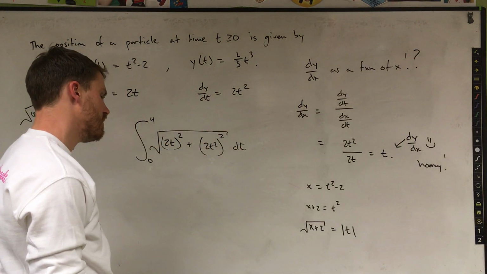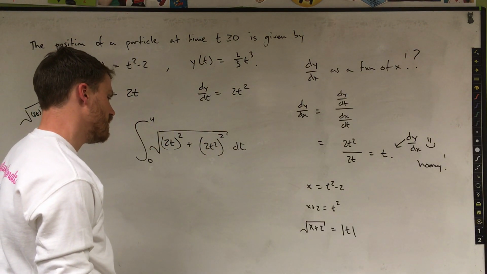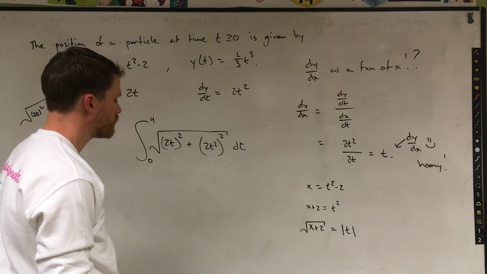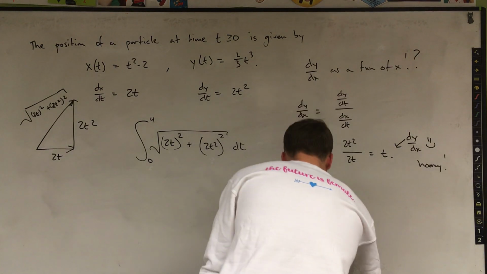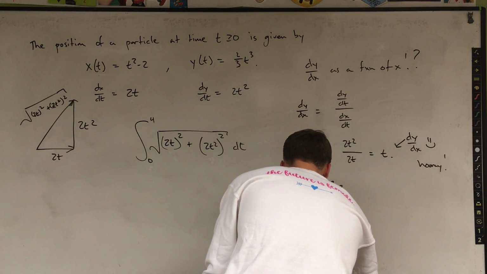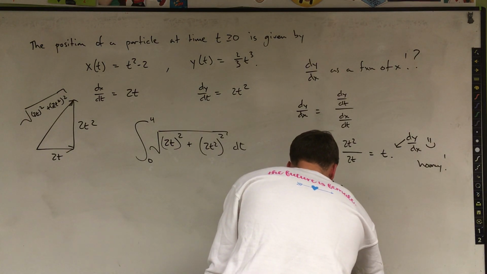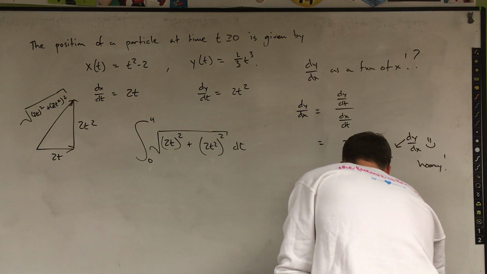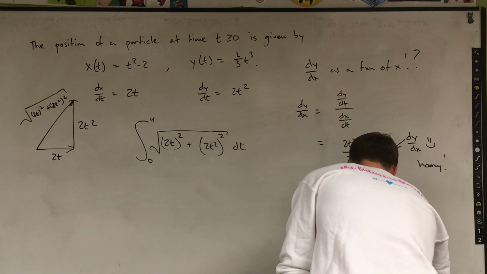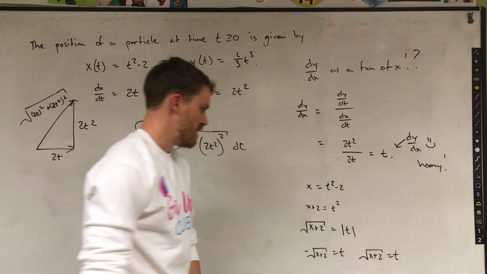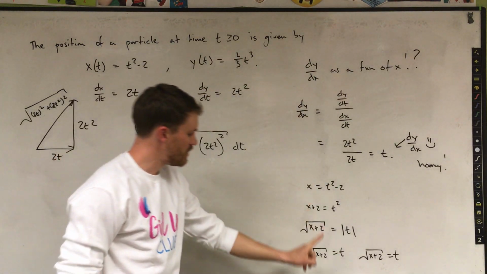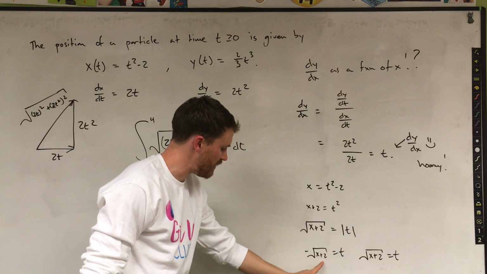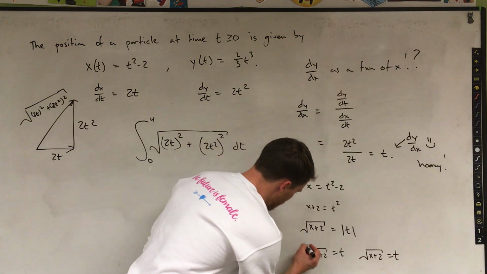How do I know whether this is positive or negative? Well, either negative square root of x plus 2 could equal t, or square root of x plus 2 could equal t. However, t is positive, so the negative one is not going to work out.